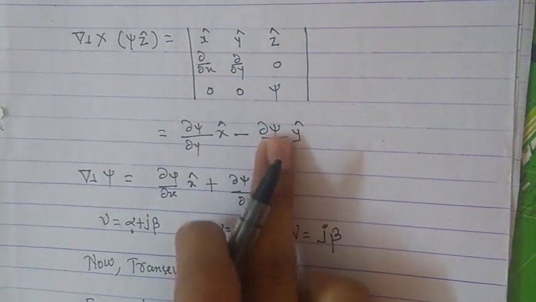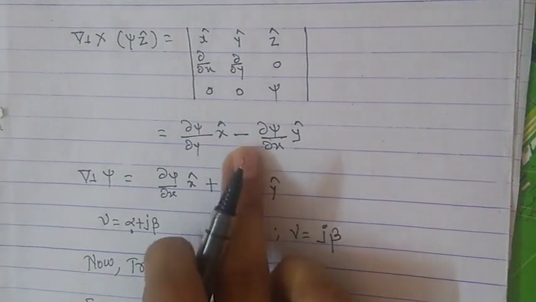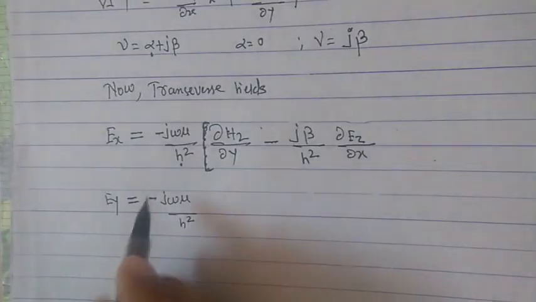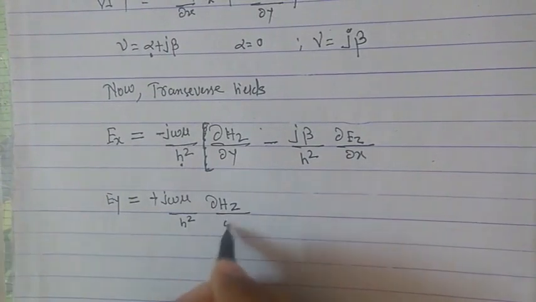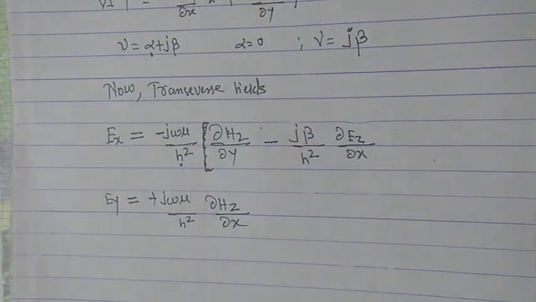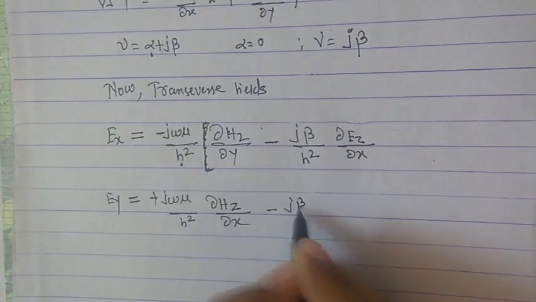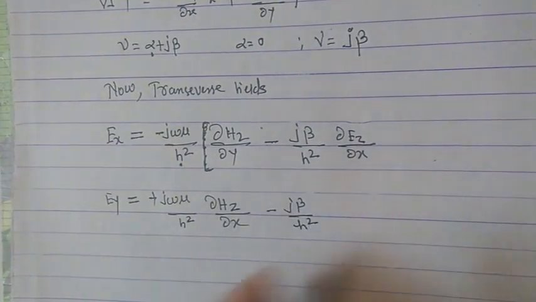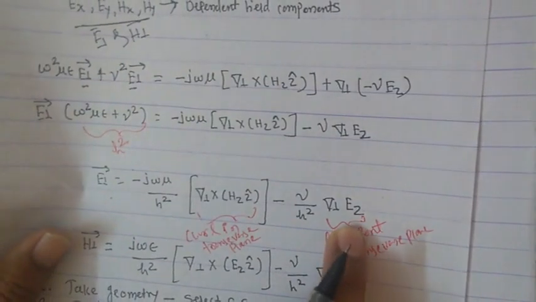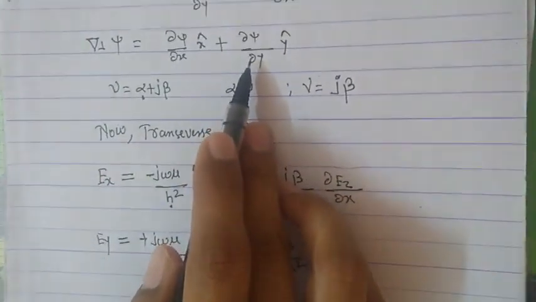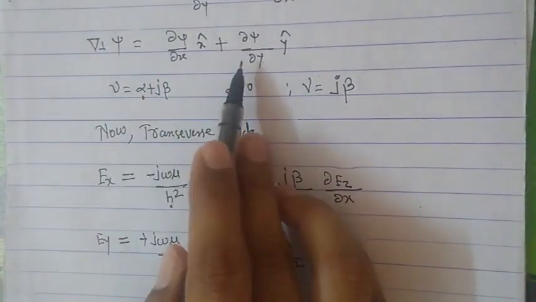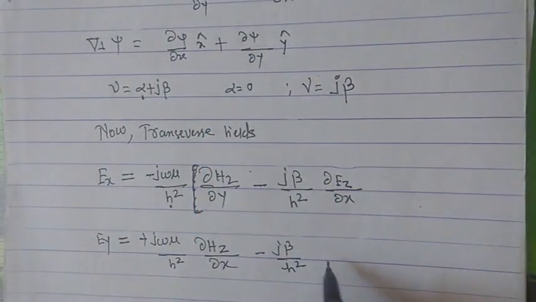Psi is Hz, so del Hz by del x, and the minus sign. So minus minus will be plus del Hz by del x. Similarly, minus j beta upon h square, and psi is Ez, and its y component, so del Ez by del y.